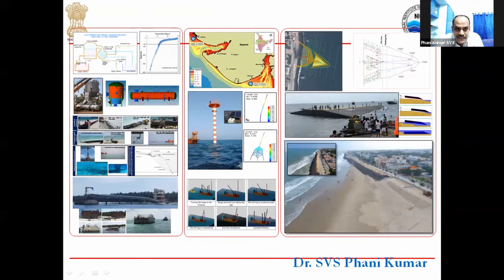But these plants actually, when you say ocean, surface temperature of the sea around India is around 28 degrees. As you go deep, the temperature of water decreases. When you reach a 350-meter water depth, you will get 12-degree water. So you have 16-degree difference in the temperature between top surface and 350-meter depth.